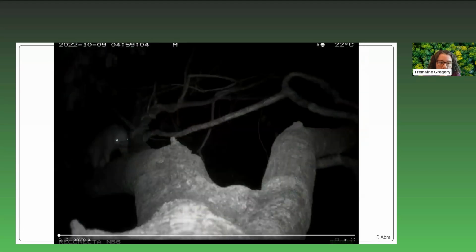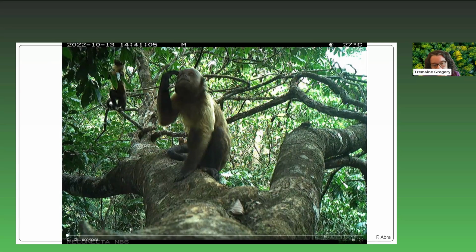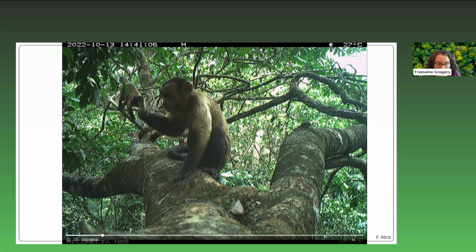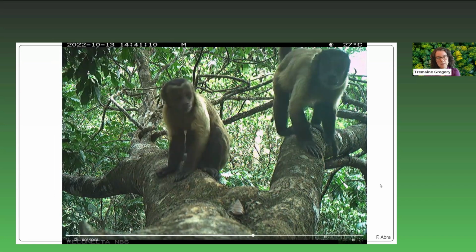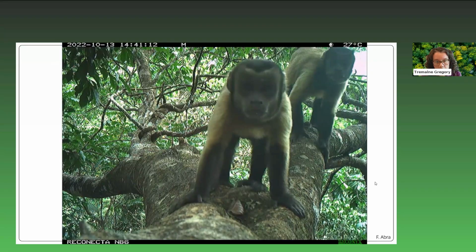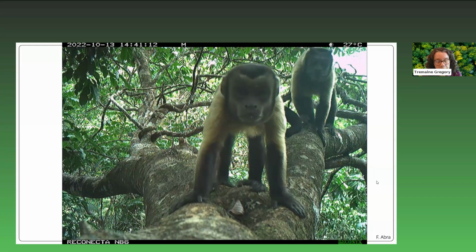These are capuchin monkeys. These cameras are about, let's say, 50 to 60 feet up in the trees. So there's a lot happening up there. And these are natural bridges over that road in the Brazilian Amazon that I referenced. And they're making little funny capuchin monkey noises. Okay, next slide.